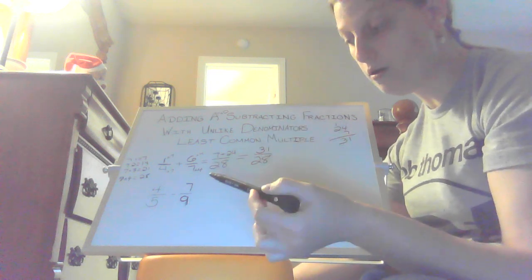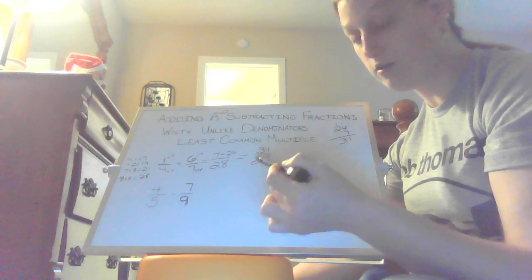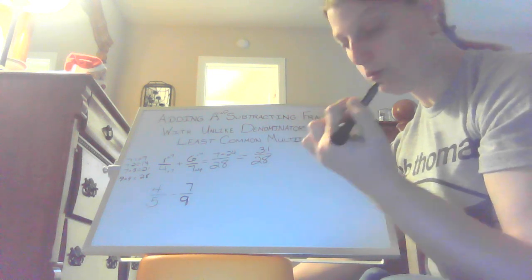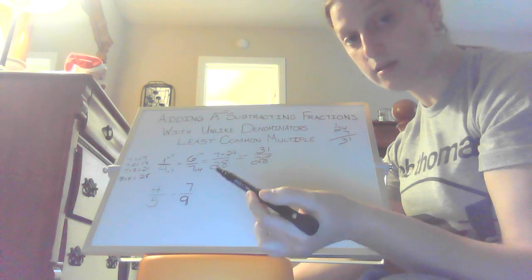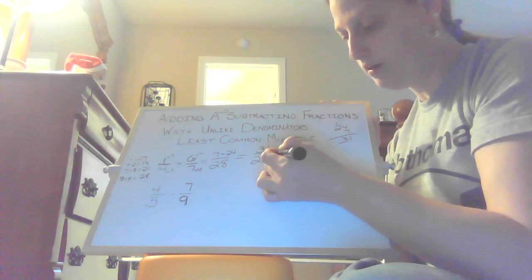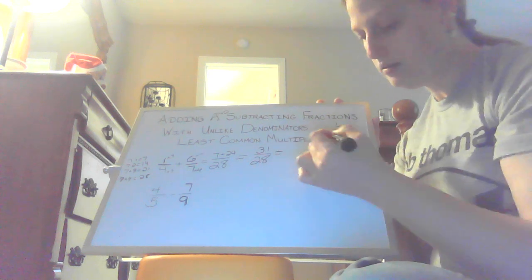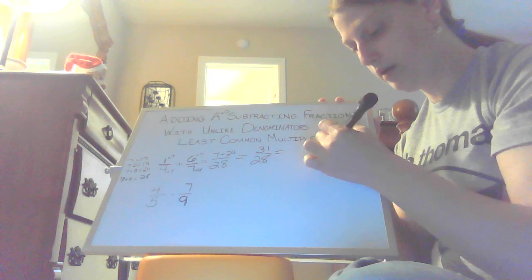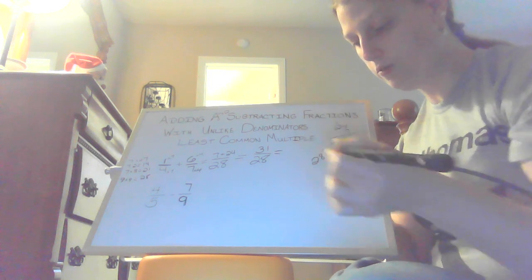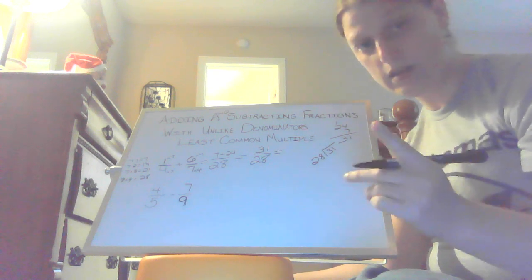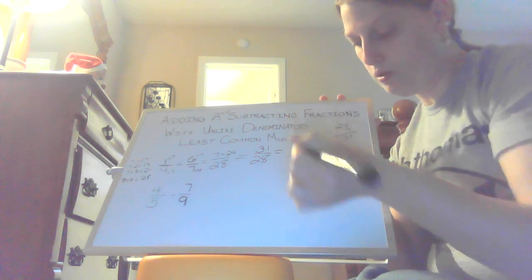However, we know that 31 over 28 is an improper fraction, so we need to fix that and make it a mixed number instead. How we're going to do that is we're going to divide 28 into 31. So right here we're going to do 28 divided into 31. Now we know 28 can only go into 31 one time, so it's going to be 1.